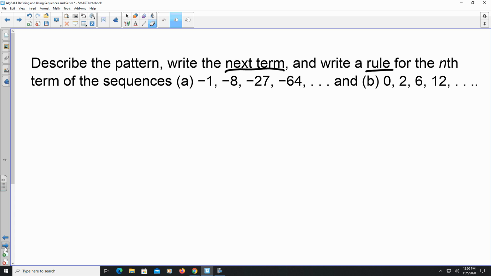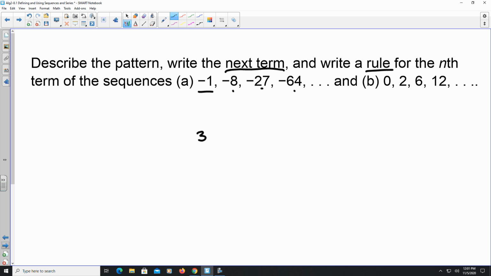So it's not quite what I was looking for when it comes to a common difference. But what I do notice is that the values of 1, 8, 27, and 64 are all perfect cube numbers. So what leads me to believe is you are going to be using something that is raised to the third power.